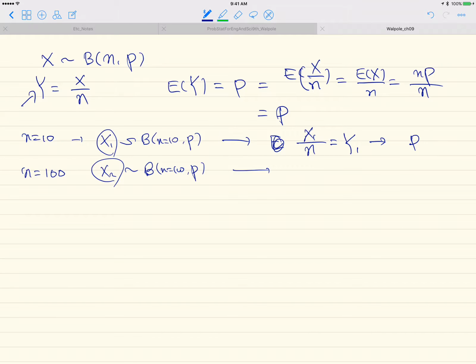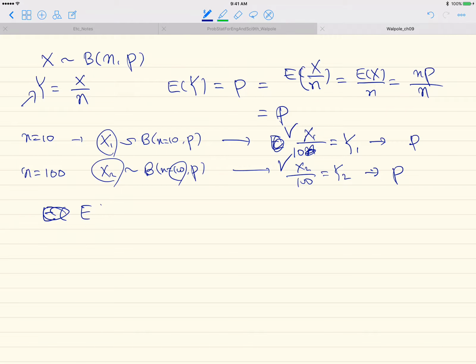And also x2 divided by 100, because in this case n is 100, gives y2. So they are two different estimators, and in order to determine whether each of these estimators is biased or unbiased, we have to consider the expectation.